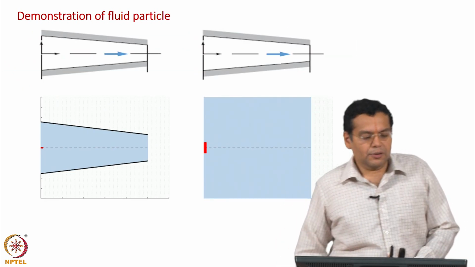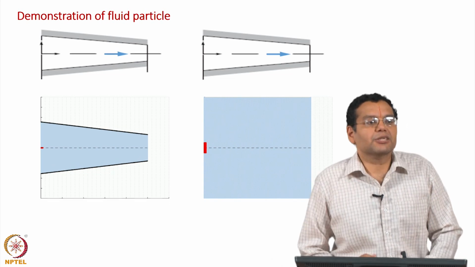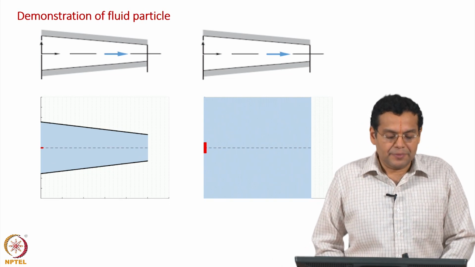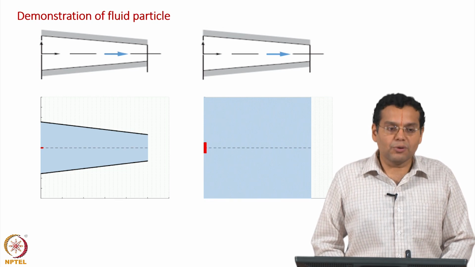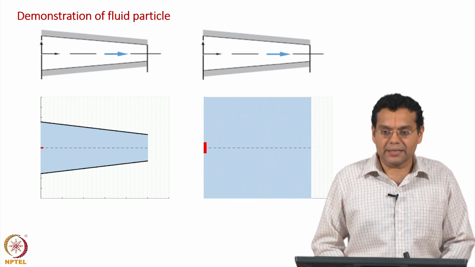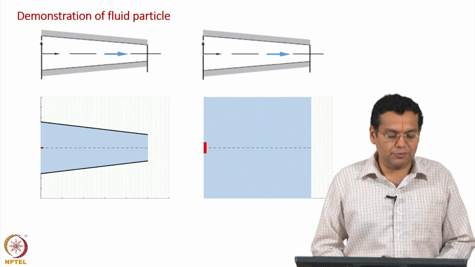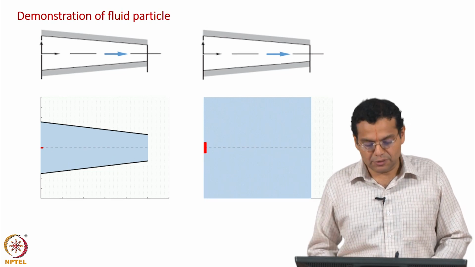Now, another characteristic of a fluid particle, which I have seen in the earlier figure, is that whatever happens to the flow also happens to the fluid particle. It should mimic what is happening to the fluid flow. This demonstration will show you that.